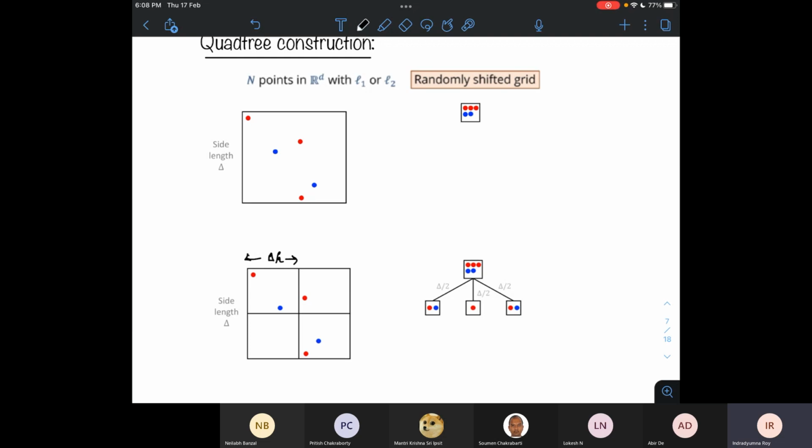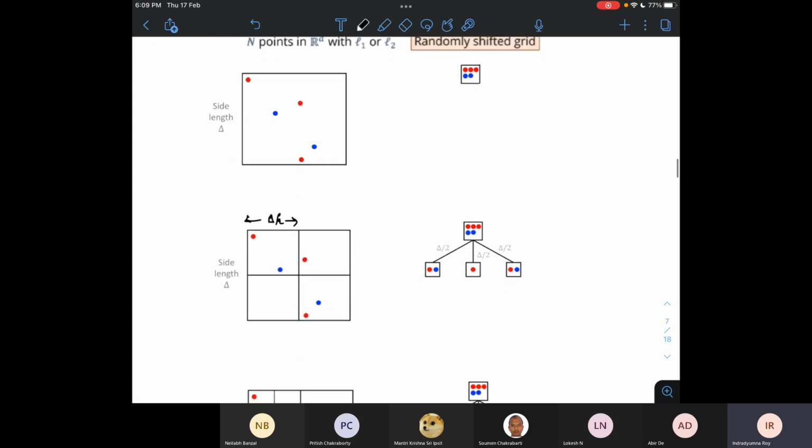As we are imposing the grid, we are also creating a hierarchical tree which separates the space. So we are starting with these 5 points in a single node, which are then split into these 3 regions, which contain the points under the new grid. We don't draw the empty grids, just for visualization.